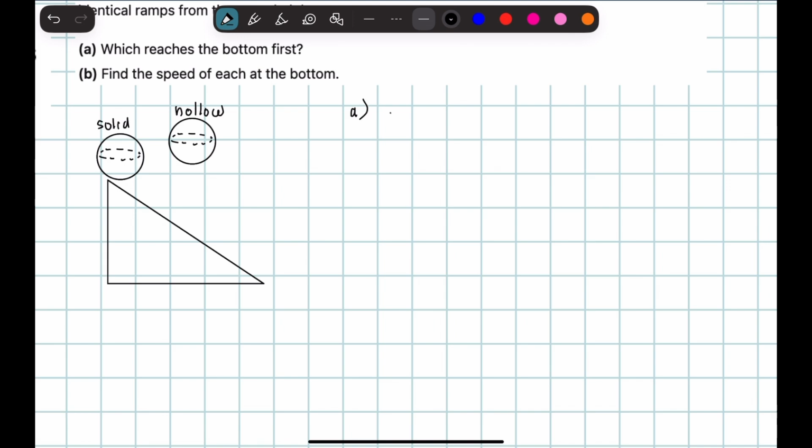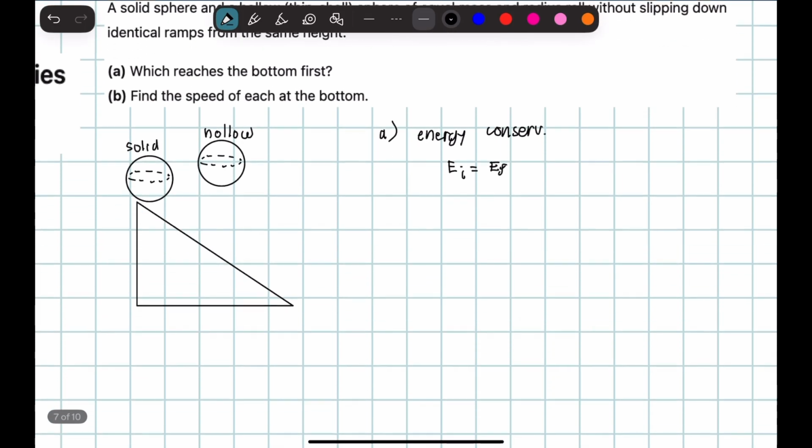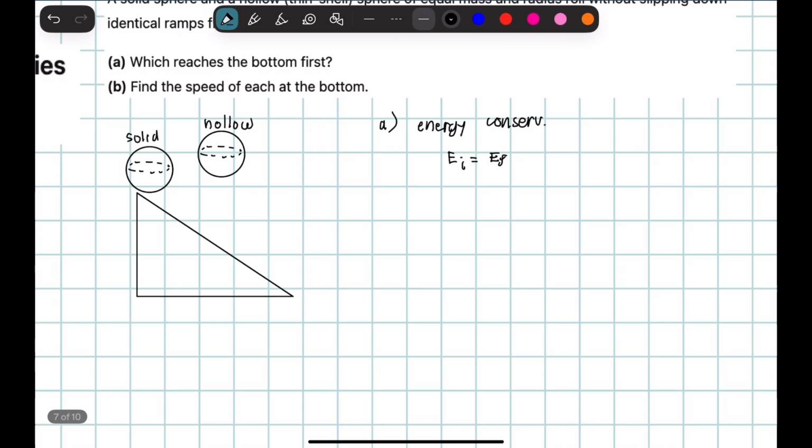Well, first we can use energy conservation. We have that E initial is going to equal E final, because up here there's potential energy, and at the bottom there's kinetic energy, since they're going to roll. Therefore, this is going to be translational kinetic energy plus rotational kinetic energy.